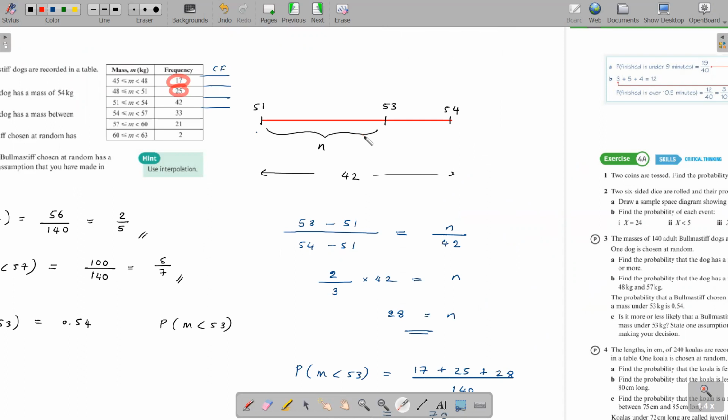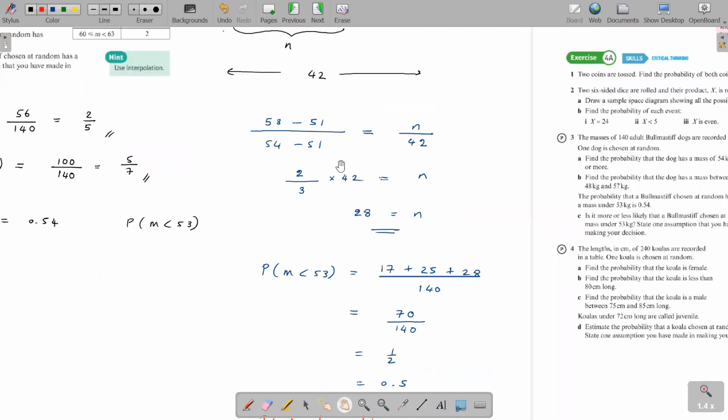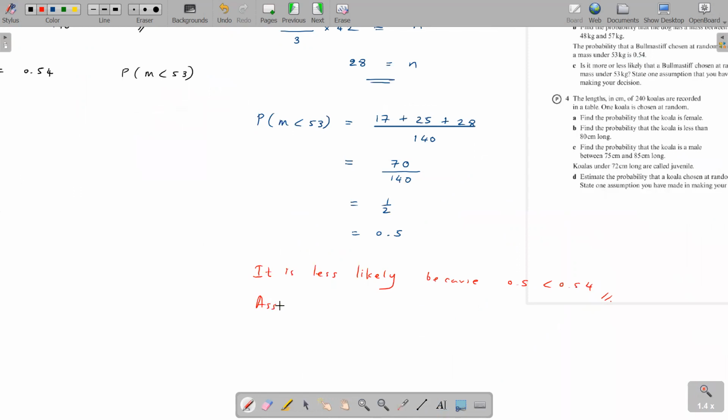So the assumption is that the frequency is evenly distributed throughout the class. That is really important.